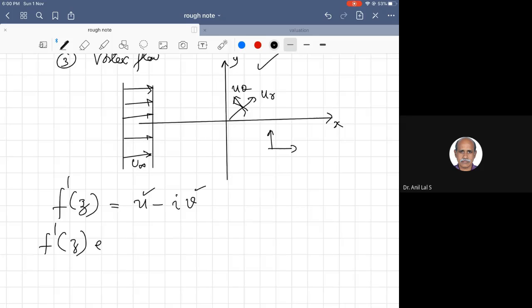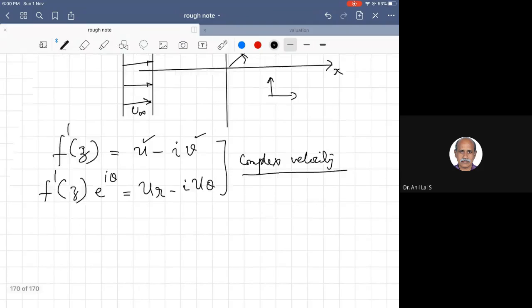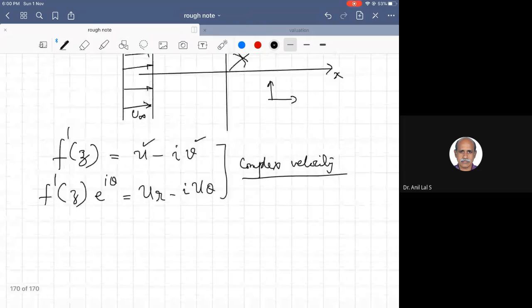So f dash z times e raised to i theta is equal to ur minus i u theta. If you remember these two equations for the complex velocity, you can derive all these things very easily. The derivation of this we have seen in the previous class.